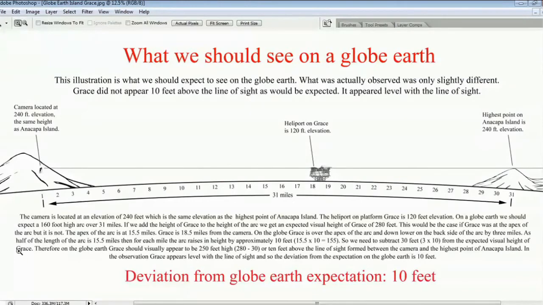Half of the length of the arc is 15.5 miles, so from here to there is 15.5 miles. For each mile, the arc rises in height approximately 10 feet. So 15.5 miles times 10 feet for each section equals 155 feet.